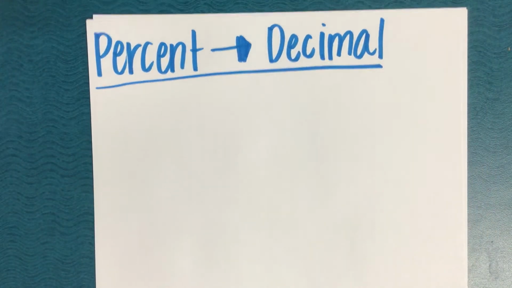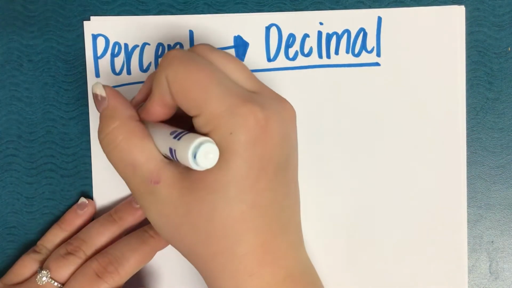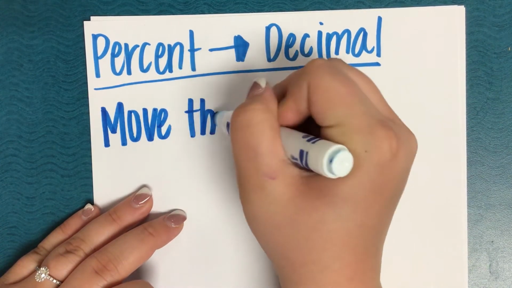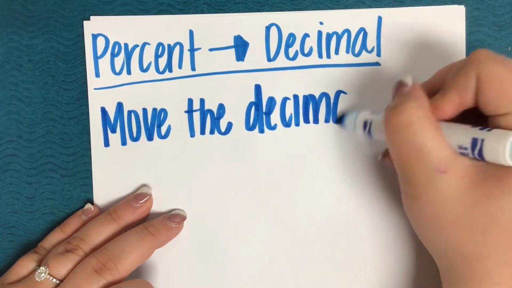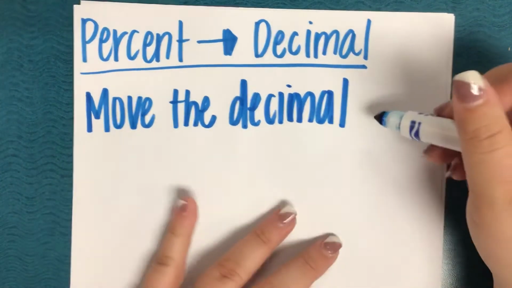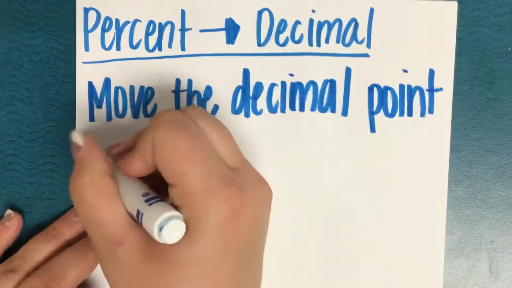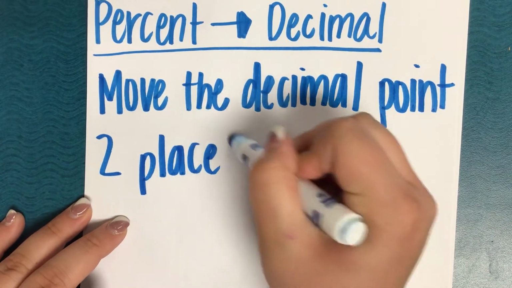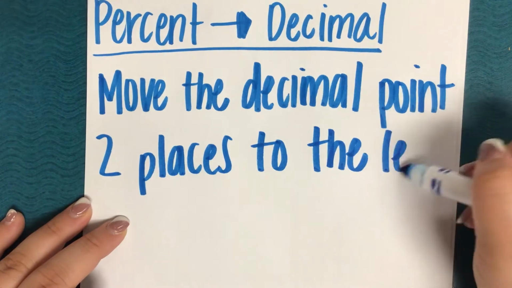Now I want to teach you about percent to decimal. Okay, so to do percent to decimal, all you have to do is move the decimal point two places to the left.